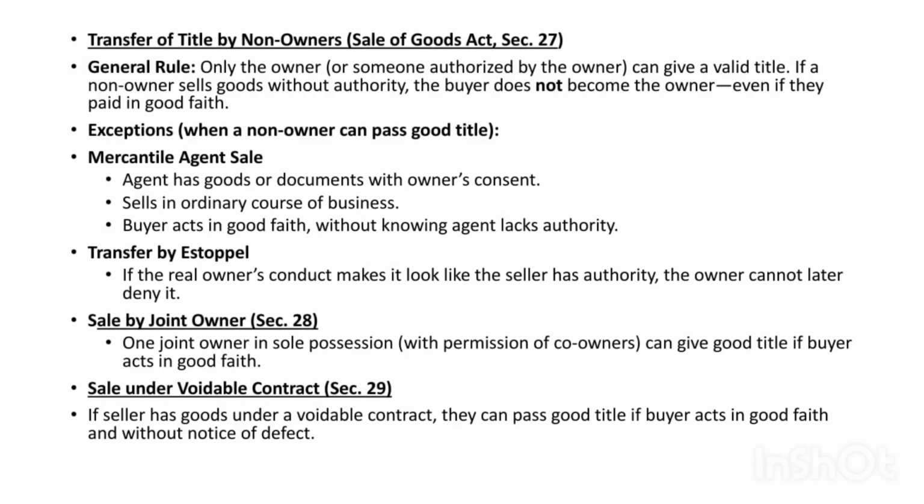One joint owner in sole possession with permission of co-owners can give good title if the buyer acts in good faith. The fourth one is sale under voidable contract. This comes under section 29, and if the seller has goods under a voidable contract, they can pass good title if the buyer acts in good faith and without notice of defect. Voidable contract means one which can be cancelled, like for fraud.